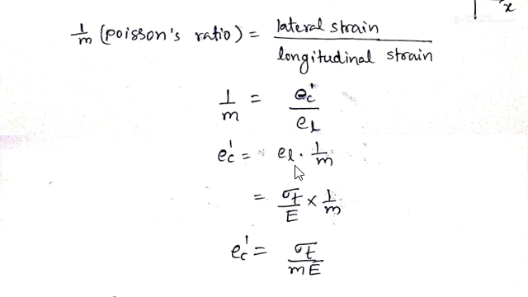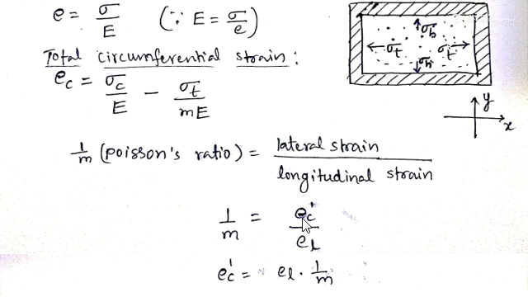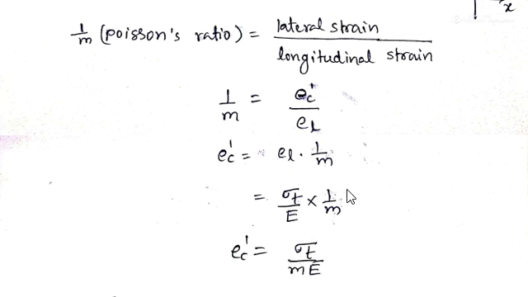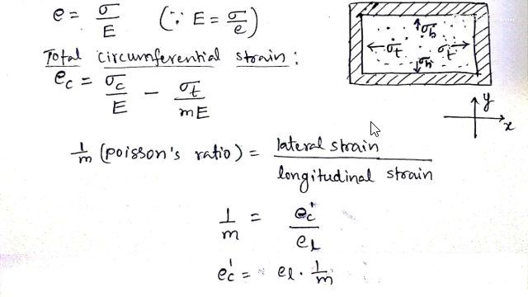From the basic definition, the longitudinal strain is longitudinal stress by Young's modulus, that is sigma t by E, into 1 by m. Rearranging the terms, EC dash equals sigma t by mE, which is the strain in the circumferential direction because of the longitudinal stress.